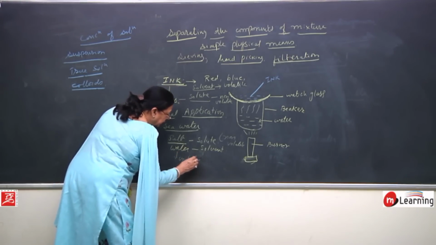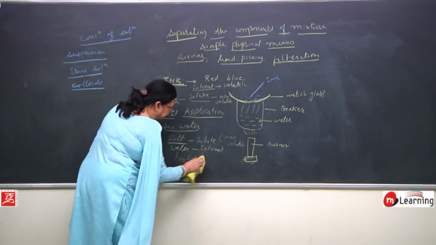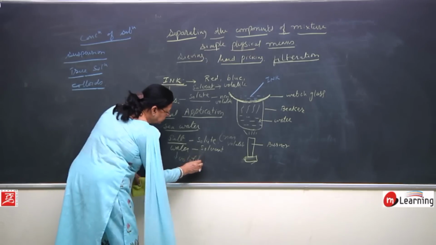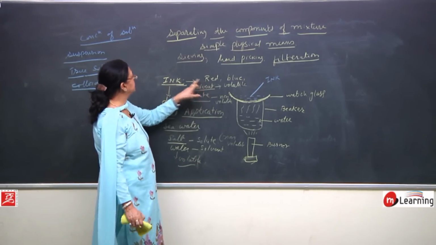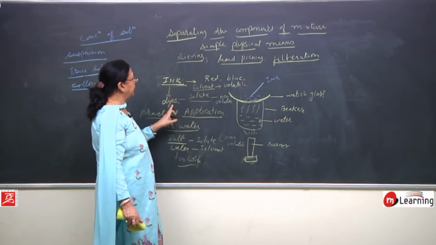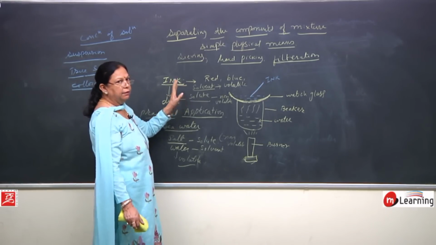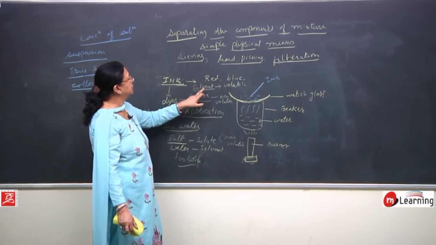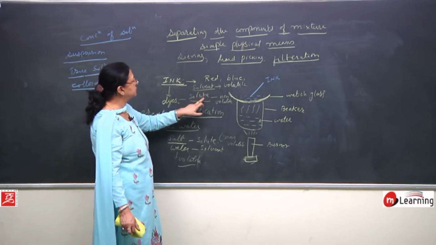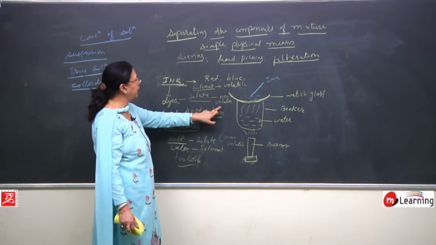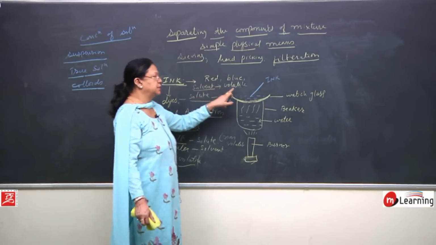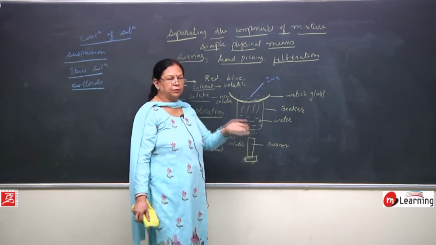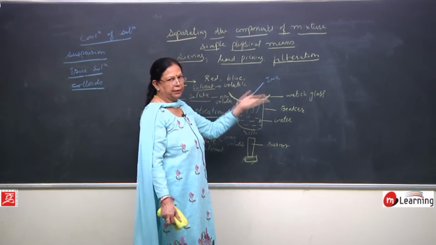Volatile means evaporates on heating. Also here in the case of this ink, the dye which we are separating from the liquid is solute, it is non-volatile, and the liquid which is solvent here is volatile, meaning when you heat it, it will get vaporized, right.